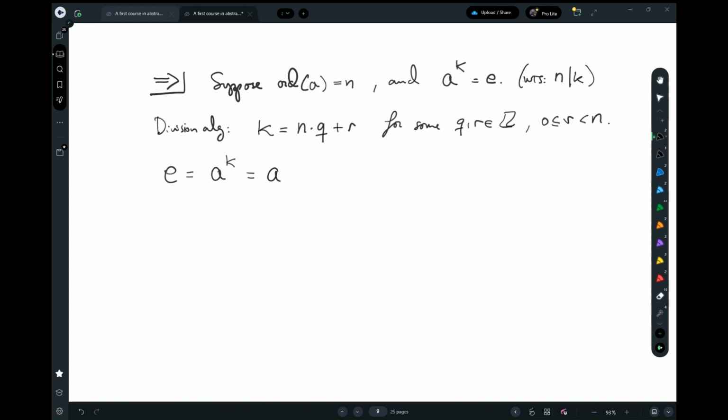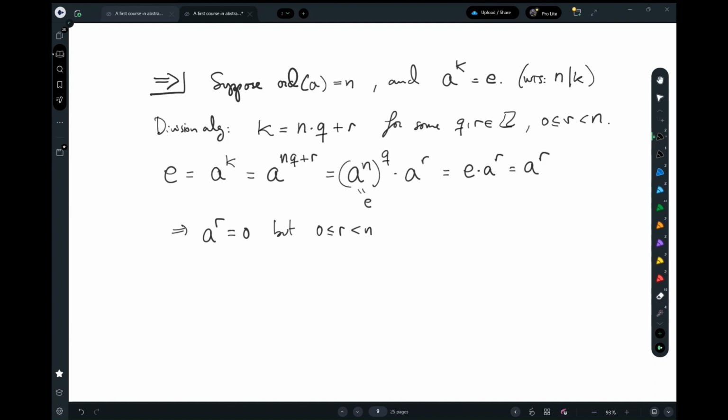On the other hand, K is nq plus r, and if I use my laws of exponents, this is A to the n to the q times A to the r. But the order of A is n, and therefore A to the n is e, and e to the q is e, and e times A to the r is just A to the r. So that tells me that A to the r is e.